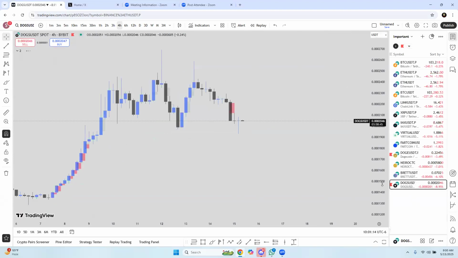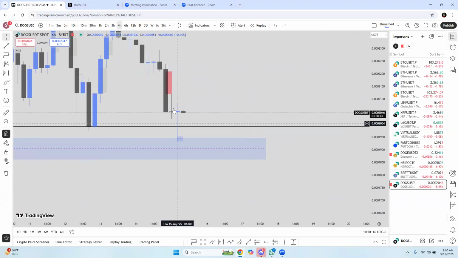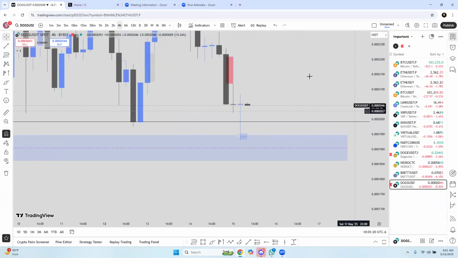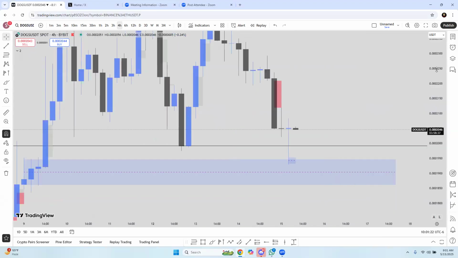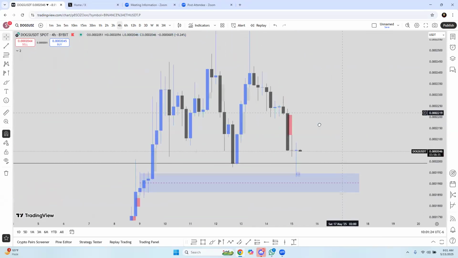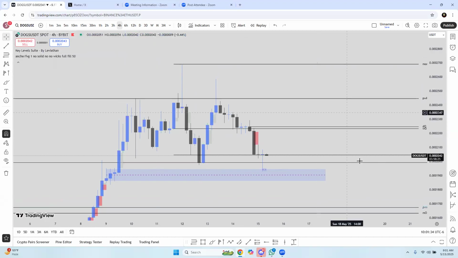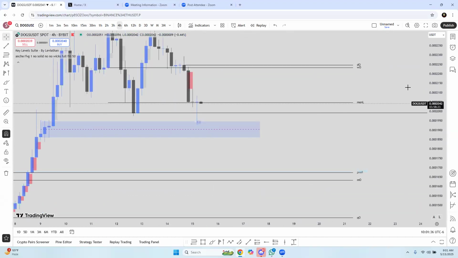Dogs. Oh, what kind of pattern is this one? If anyone wants to get in dogs, because it is under Monday low right now. It is exactly forming structure like Bitcoin. Where are the key levels? Monday low here.